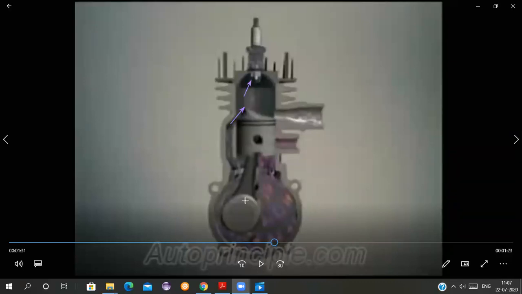But how many rotations of the crankshaft are done in a two-stroke engine? One.